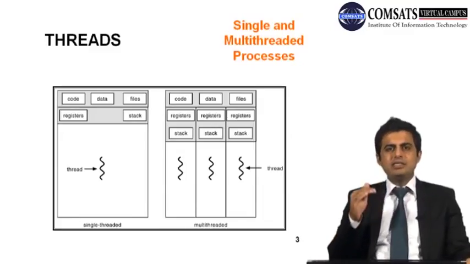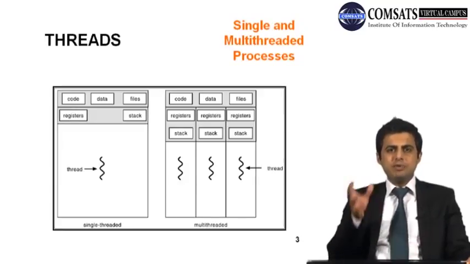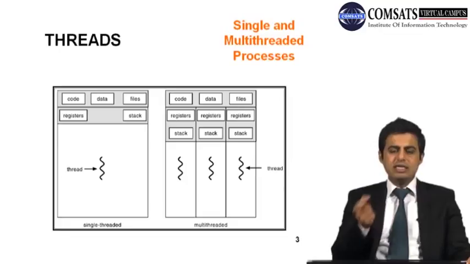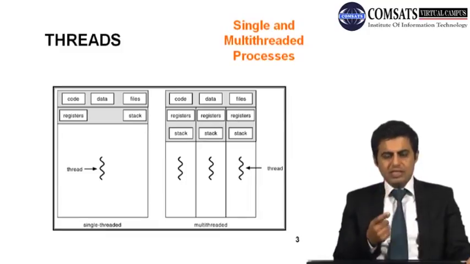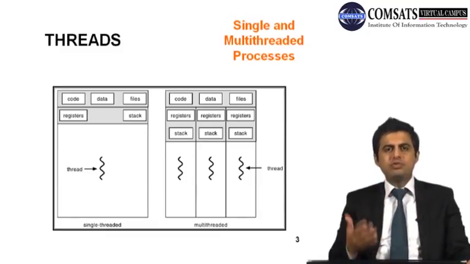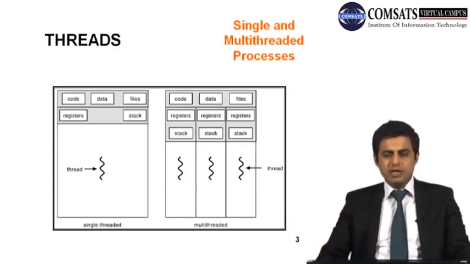Stack is where the instructions are loaded into the system, and when the CPU executes an instruction, it takes instructions right from the stack, one by one. So in this case, the threads will have their own stack space, and they will also have their own register space.